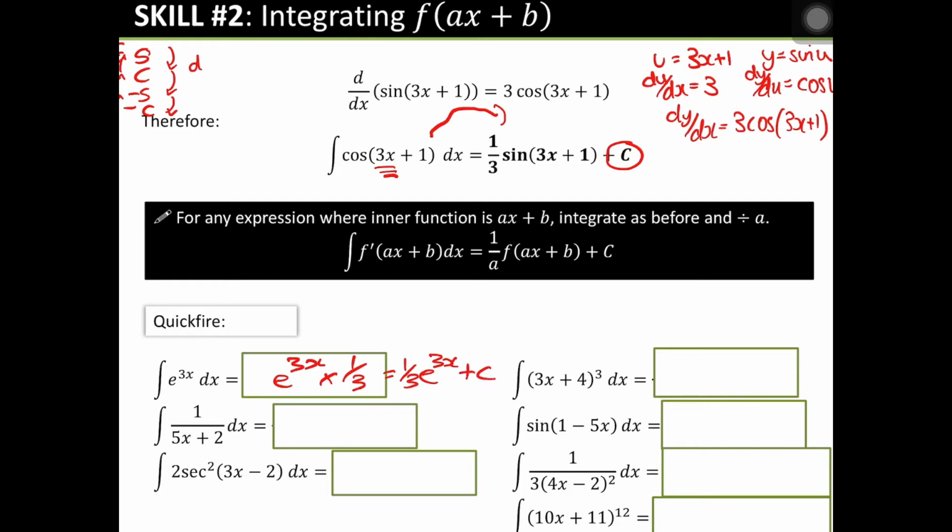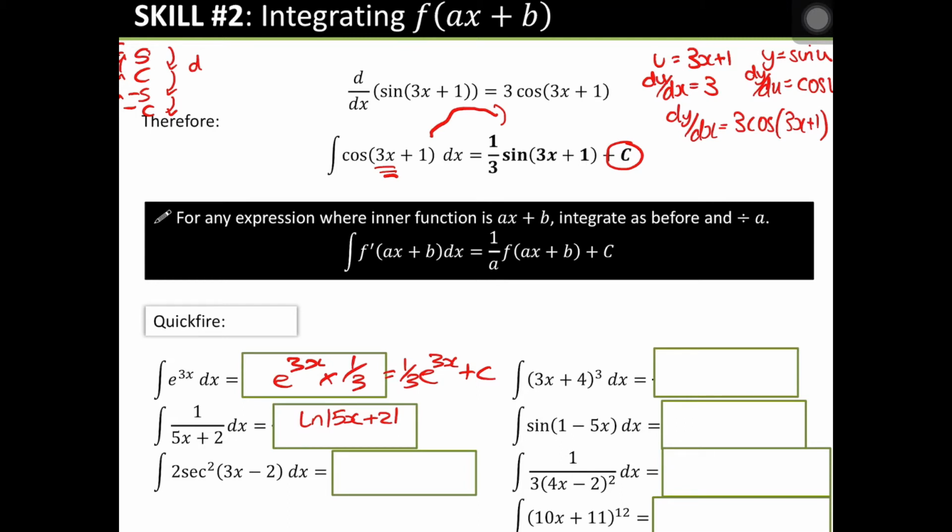Same with the next one. So ignore the inner function first of all. Okay, so I'd integrate it, imagine it as 1 over something, so we know we've got to go to log natural. So I know that's going to have to become log natural of 5x plus 2. Again, remembering that you're going to need the modulus signs in there because we've done log natural.